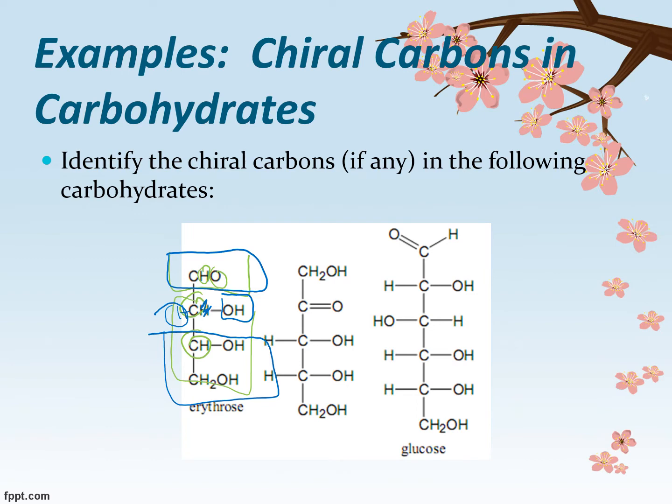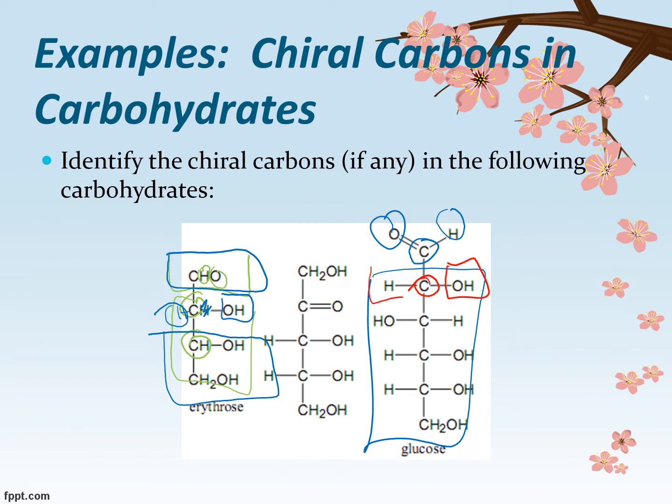Like this one here, glucose. This is not chirocarbon, because you only have 1 oxygen, 2, and then 3, not 4. But this one is chirocarbon, because it has 1, 2, 3, 4, 4 different groups on each side.